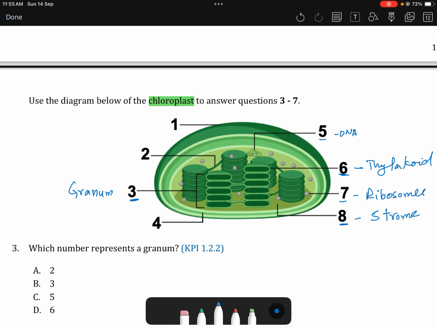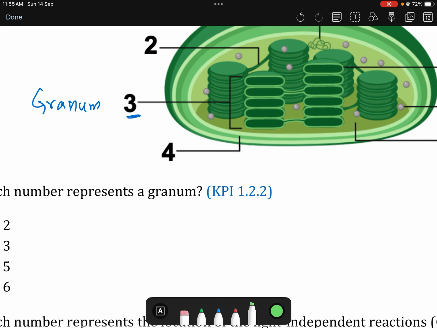And we have number 1, that is the outer membrane. We have number 4, that is the inner membrane.